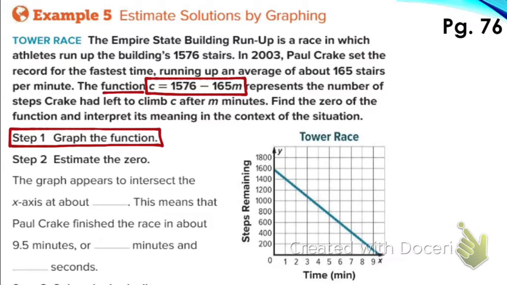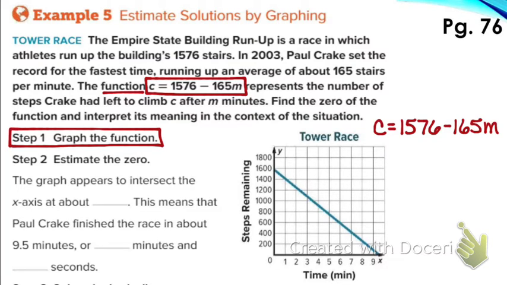So I'm going to write that down over here so I can see it. C equals 1,576 minus 165m.